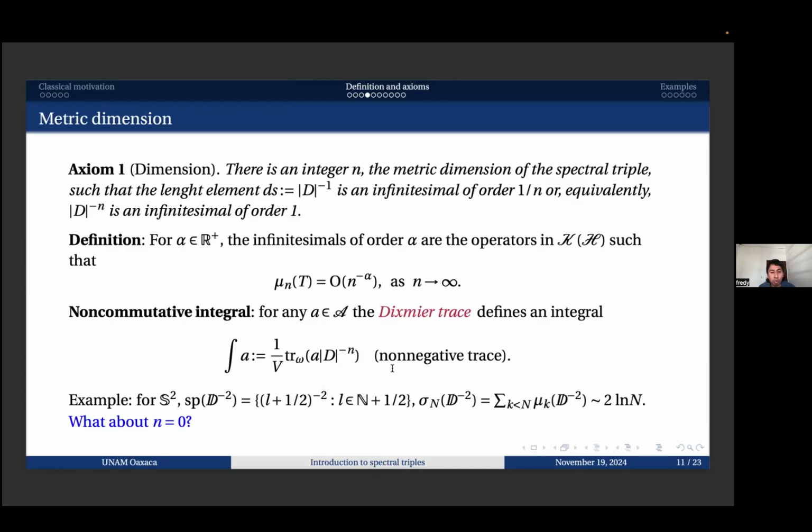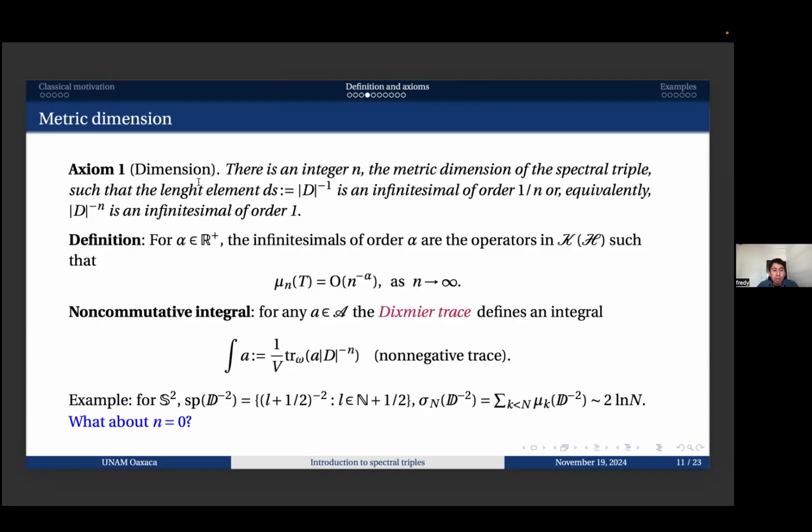Now we are ready to talk about the axioms that a spectral triple must hold. The first axiom is the dimension. In the classical case, this axiom is related to the dimension of the Riemannian manifold.